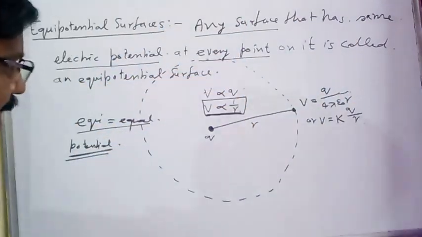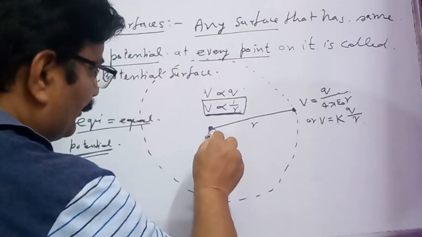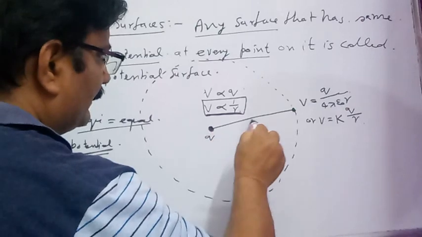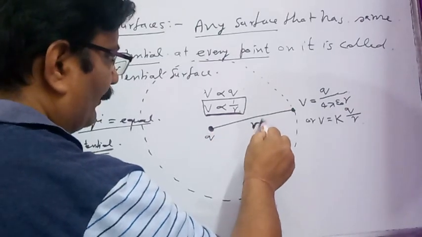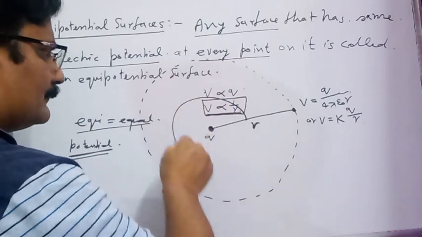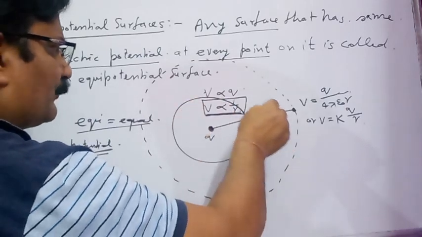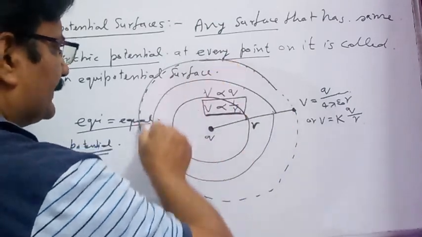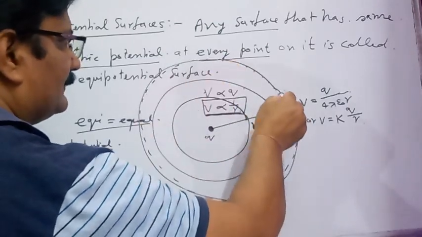So that is why for a point charge, equipotential surface is a sphere of certain radius in its nearby surrounding. So as many spheres we can draw, the potential on each point of that sphere is going to be same in the presence of this charge.